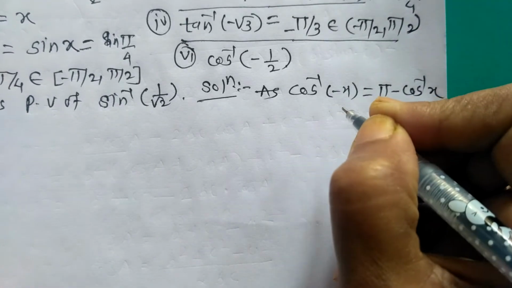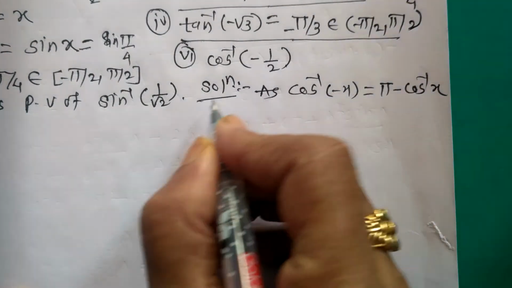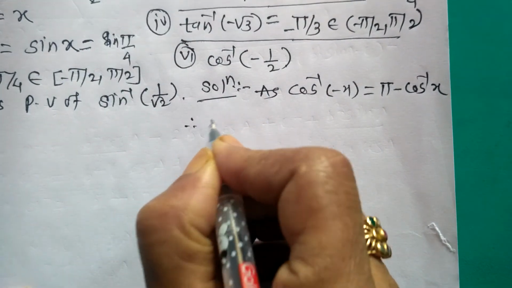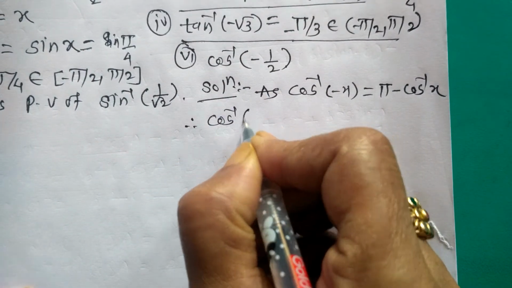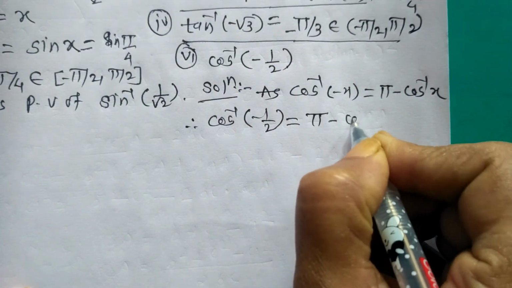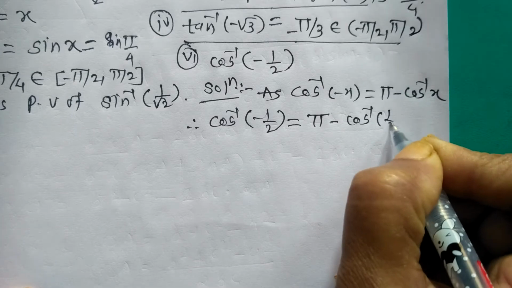By using this concept, we need the value of cos inverse half. So cos inverse of minus half is equal to pi minus cos inverse of half.